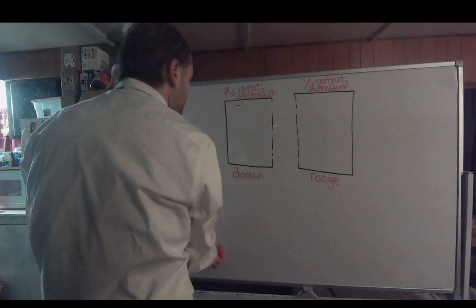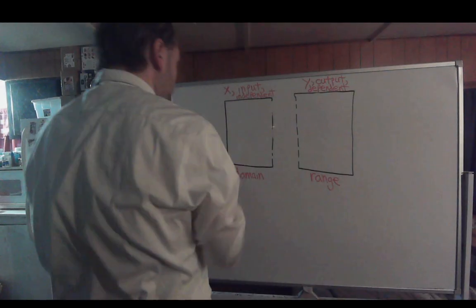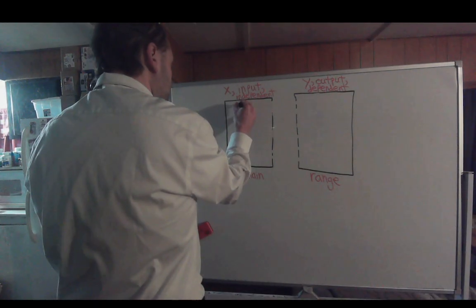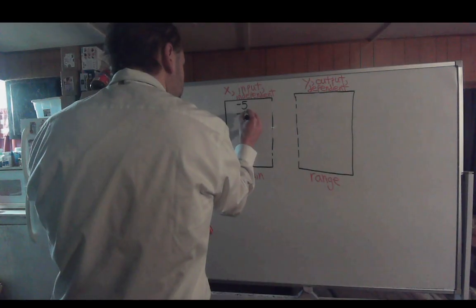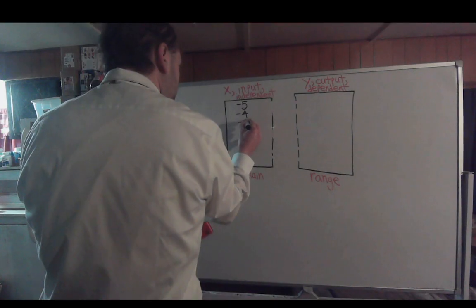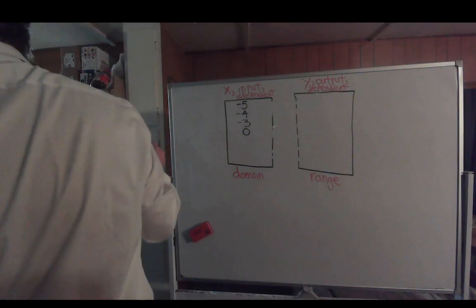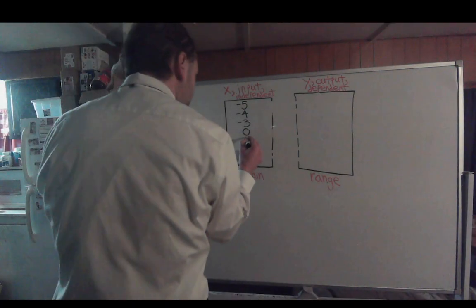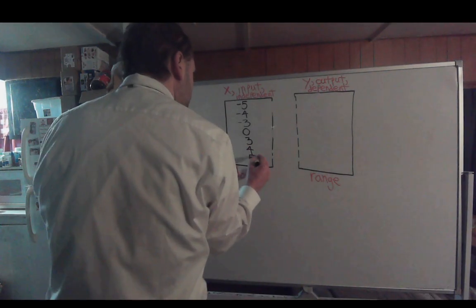Whoops, I want to write in black for that. Alright, hold on a minute here. I've got negative 5, negative 4, negative 3, then I have 0, then I have 3, 4, and 5. So I have a much more loaded domain this time.